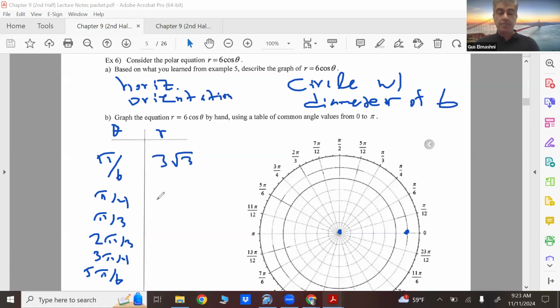That should be 3 root 2, and then 3. So pi over 3 and 3, that's easy. Pi over 4 and 3 root 2 is like 1.4 something, so it's about 4.5. And root 3 is like 1.7 something, so multiply by 3 is like 5 point something. So it kind of looks like this.